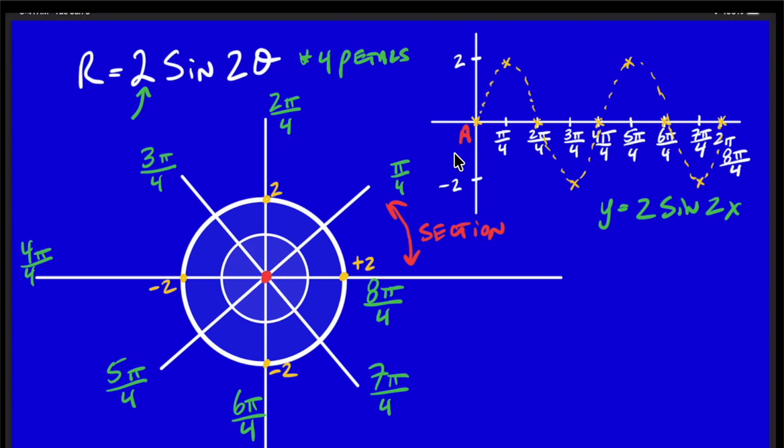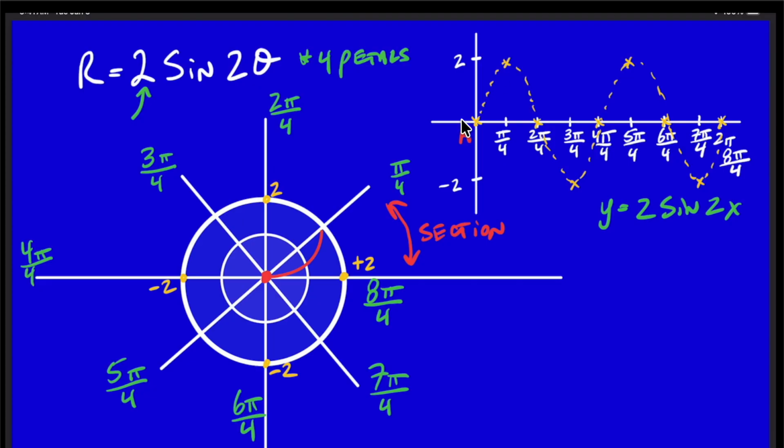And as we move from theta equals 0 to theta equals pi over 4, we see that the length of the graph, the r length, increases from 0 to 2. So that means we're going to do this on our polar graph. Again, that's a 2. We started at 0.